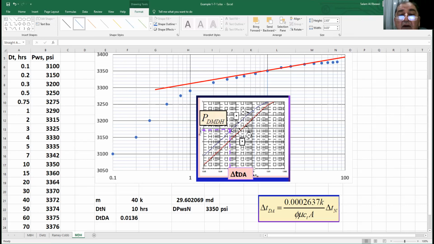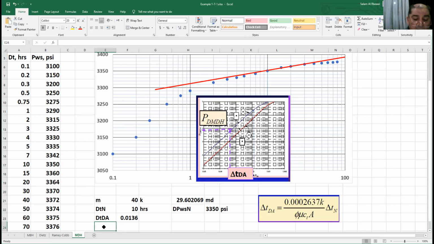So we are close to what? Less than 1. So we are at 0, 0.2, 0.4, 0.6. So p_D MDH is 0.6.